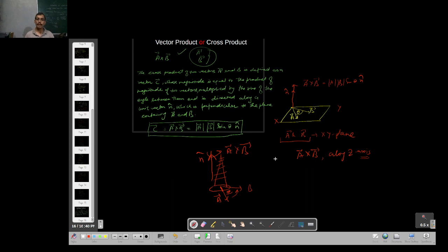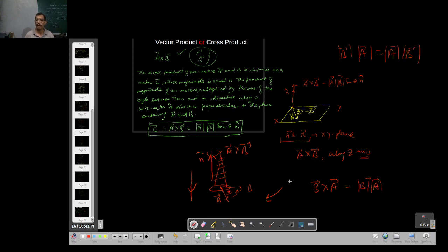If I rotate b towards a, then the screw will move in the opposite direction. That means if I write b cross a, the magnitude will remain the same, because a and b are identical, whether I talk about b a or a b.